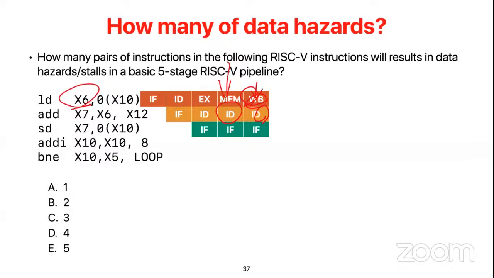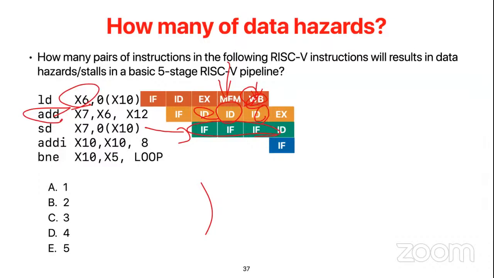And for the third instruction, because the add instruction is blocking in the instruction decode stage, it will also be blocked at the instruction fetch stage. So that's why the cycles look like this. After the load instruction finishes its write back, the add instruction can finally make progress.